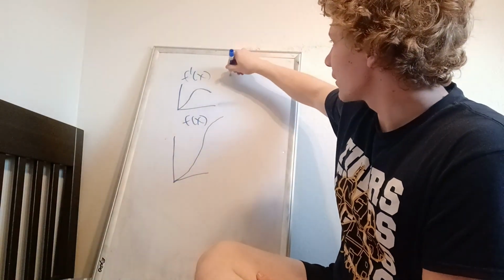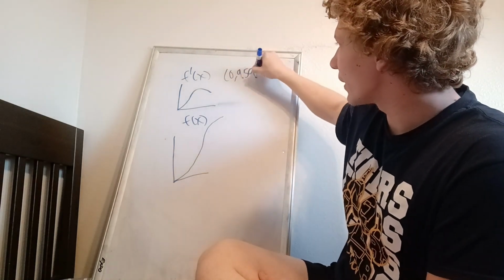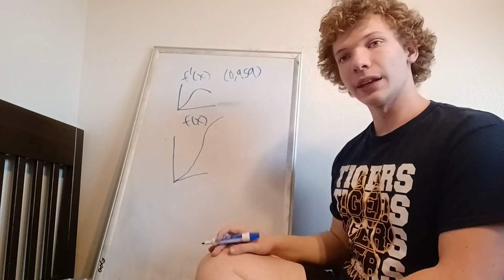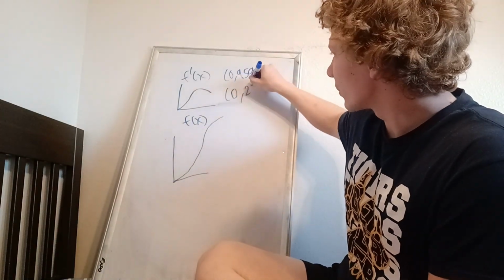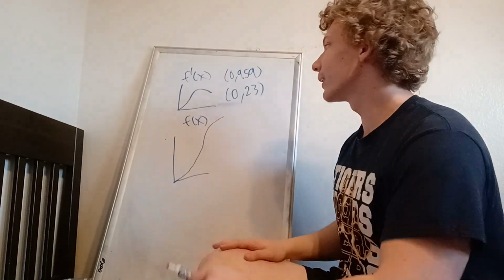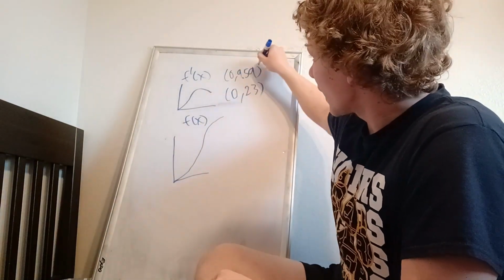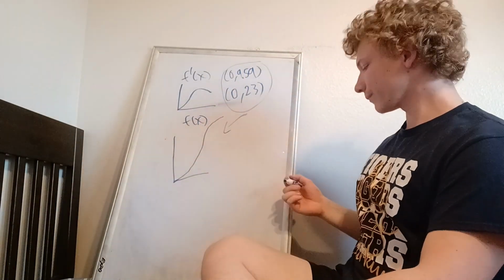So we have our interval being from 0 to 9.59, and then our values are 0 to 23 miles per hour. That's his top speed. And that's looking at this graph right here, our f of x.